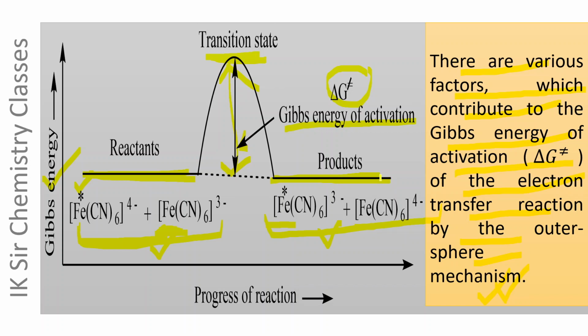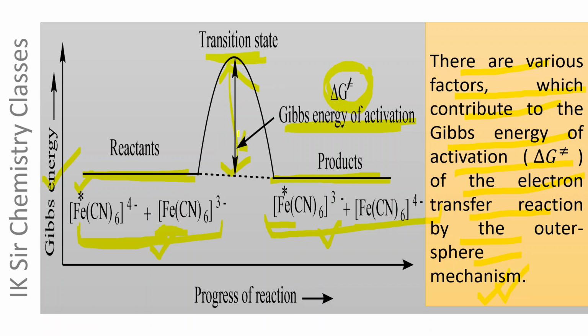The enthalpy change of reaction is also zero. But this reaction involves some Gibbs energy of activation, which determines the rate of reaction. Greater the value of delta G‡, slower will be the electron transfer reaction.